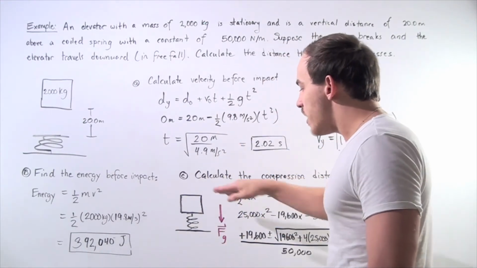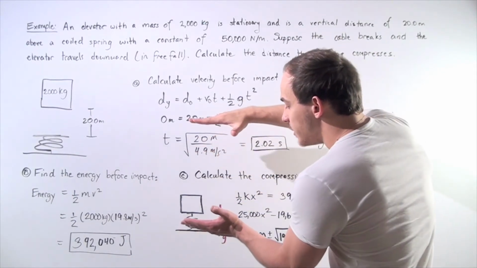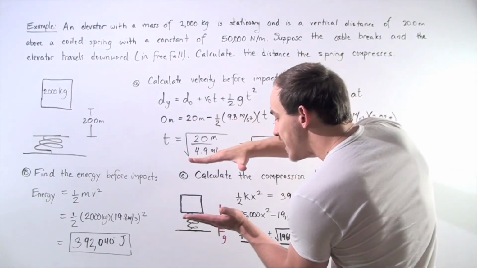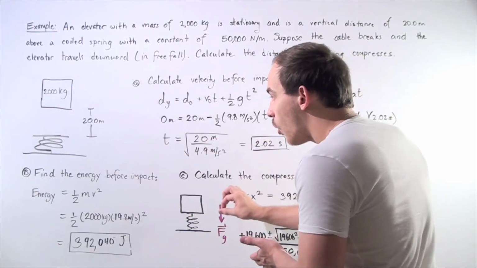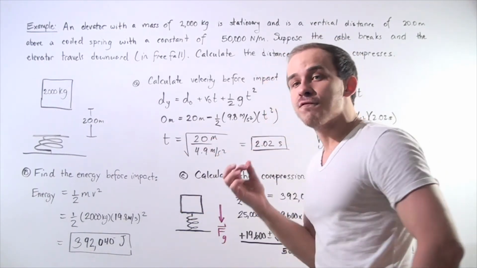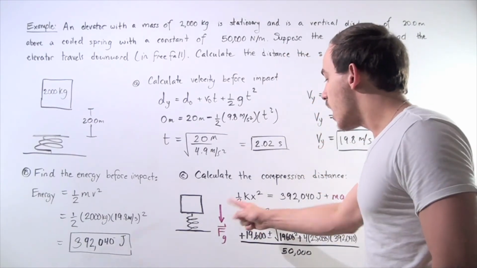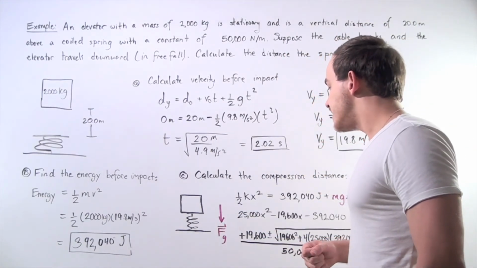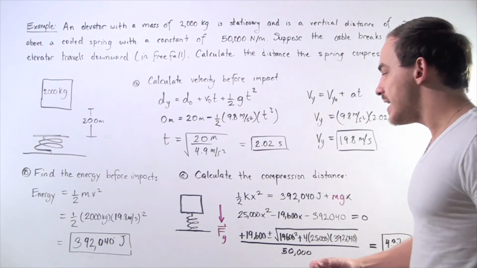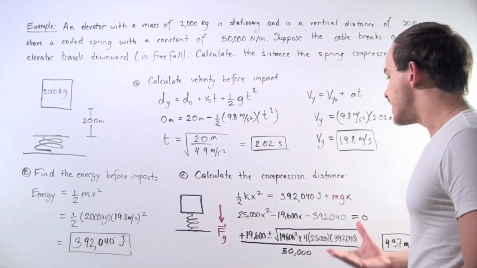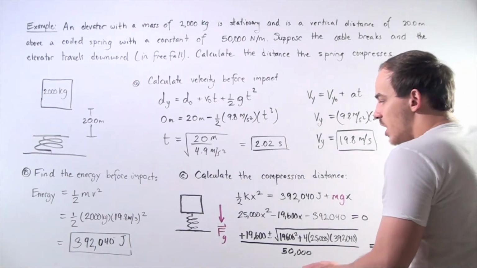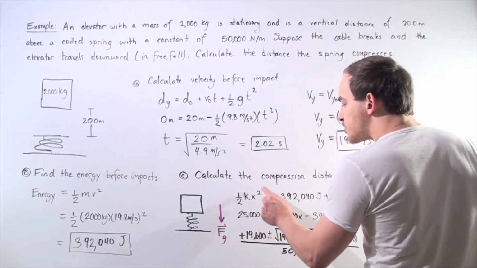So when the elevator is traveling and when the spring is compressing, there are two forces acting on the spring: the force due to the elevator and the force due to the magnitude of gravity. So that basically means that not only is the spring working against the kinetic energy, but it's also working against gravity. So that means we have 1/2 kx squared.